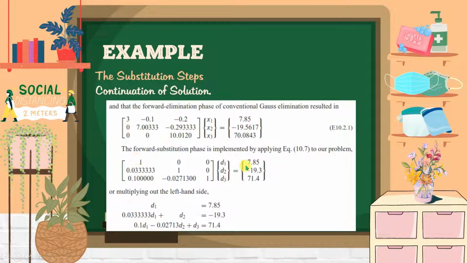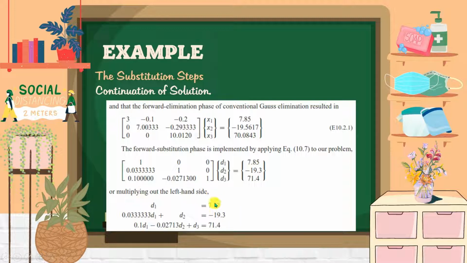The forward substitution phase is implemented by applying equation 10.7 to our problem. This is the representation of L multiplied by D equal to the right-hand vector B. So this is the lower triangular matrix multiplied by D and this is our right-hand vector. Multiplying out the left-hand side, we were able to have this particular equation.